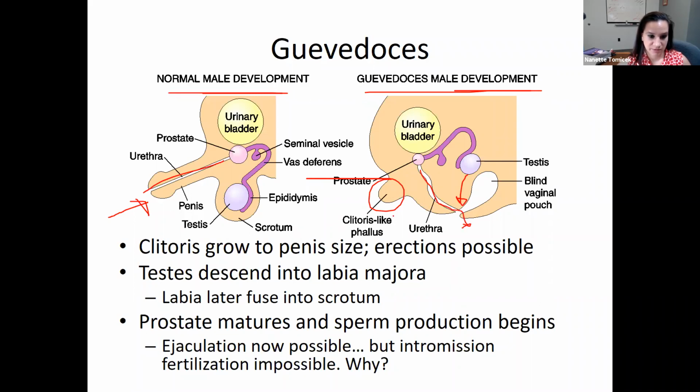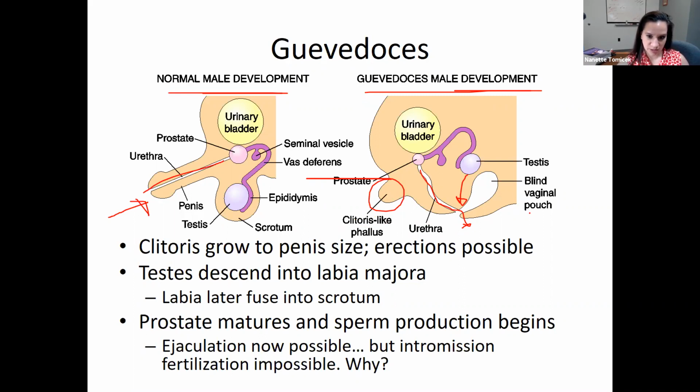So even if you were having sexual intercourse using the phallus, that's not going to get the semen moving in the right direction. Fathering a child is still possible, but you'll have to figure out how to move those cells into the right place. So you'll need a little bit of help from science.